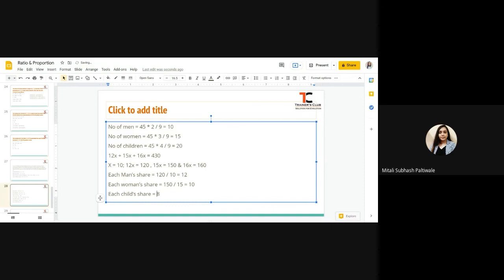Number of children, 160 divided by 20. So each child will get rupees 8, each woman will get rupees 10, and each man will get rupees 12.